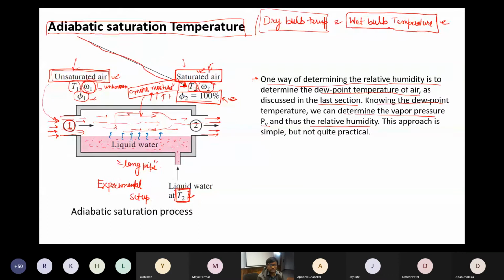The significance of this adiabatic saturation temperature we will talk about in the next few slides, but let me first go through the mathematical derivation for this setup.